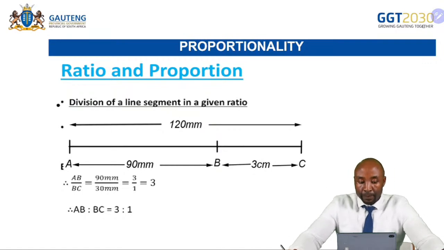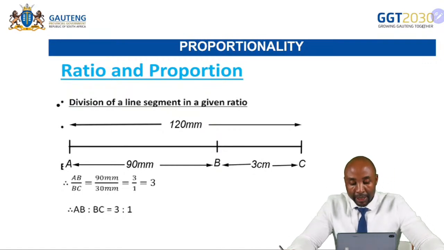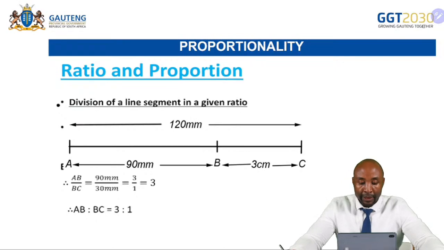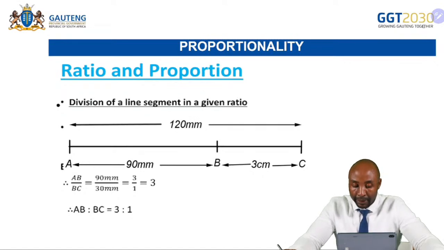Let's take, for example, line AB. We are given that our line is ABC and it is divided into segments. You are able to see AB and you are able to see segment BC. AB is given as 90 millimeters and BC is given as 3 centimeters.